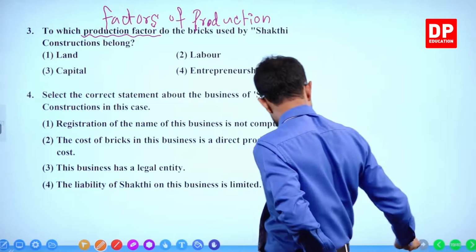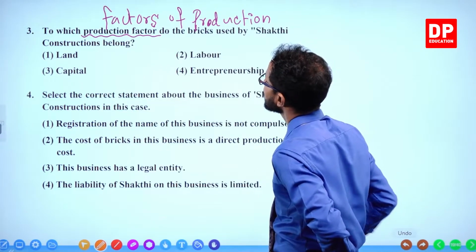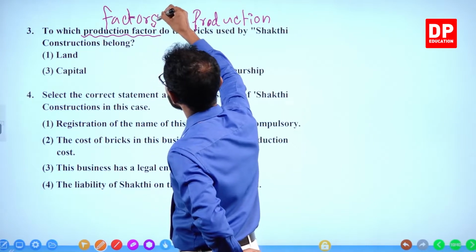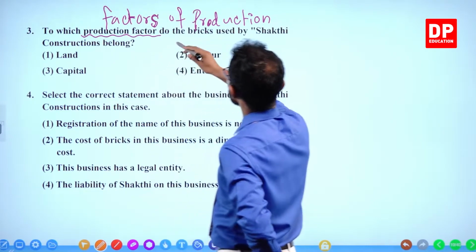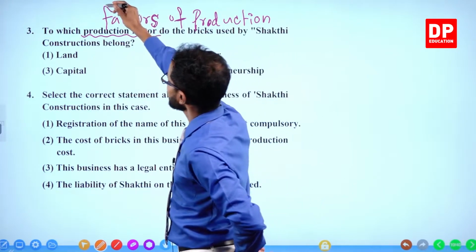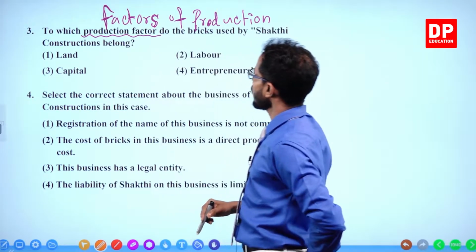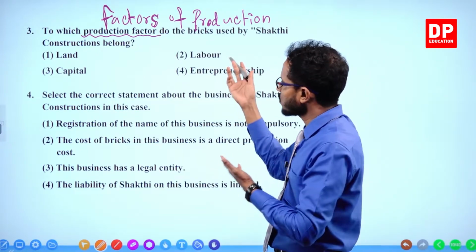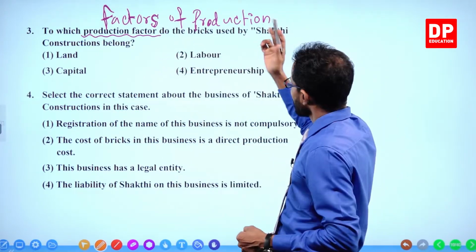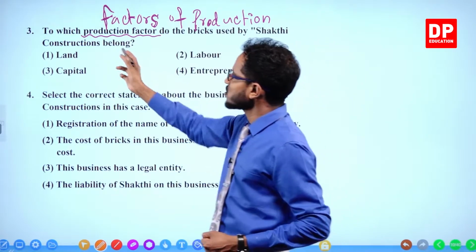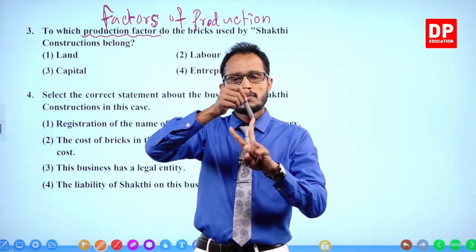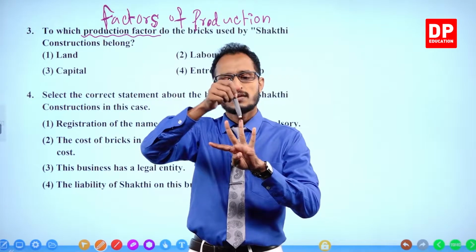Can you see this? This is the factors of production. Bricks used by Shakti Constructions come under land, labor, capital.